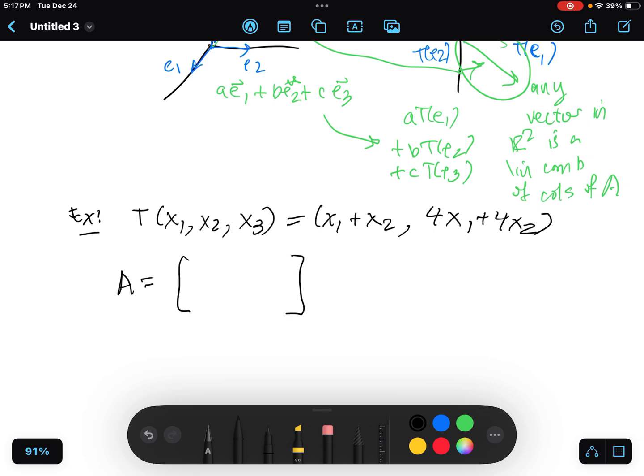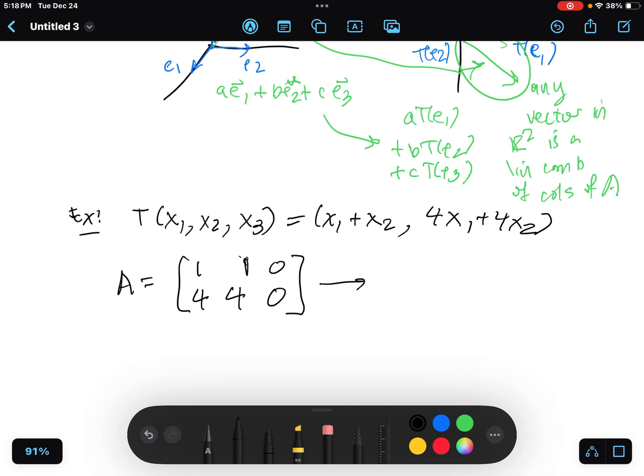And what's the matrix going to be? Sorry, I just copied down my notes wrong. It's 1, 1, 0, 4, 4, 0.